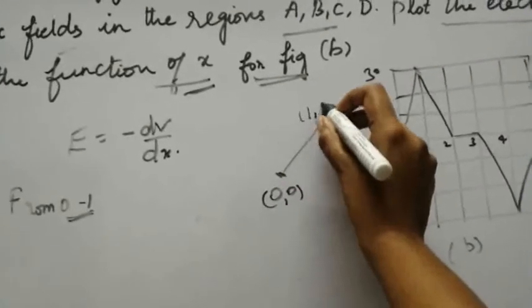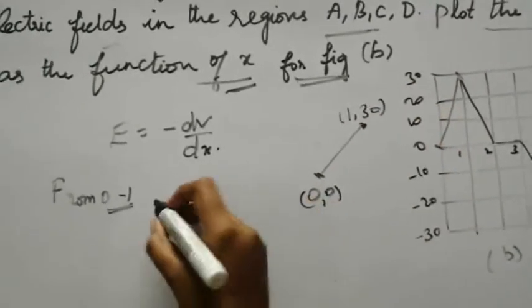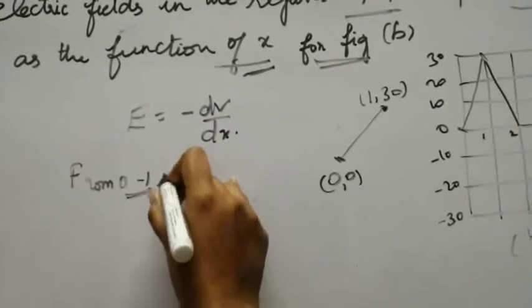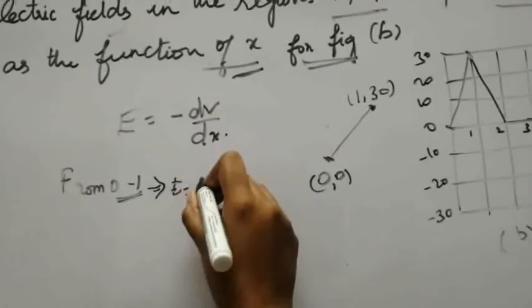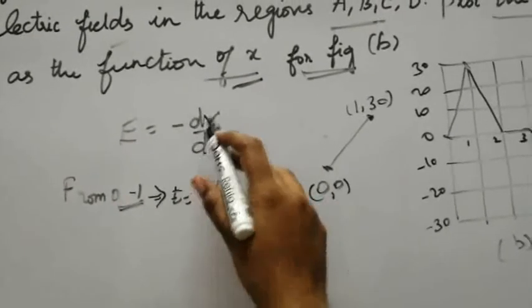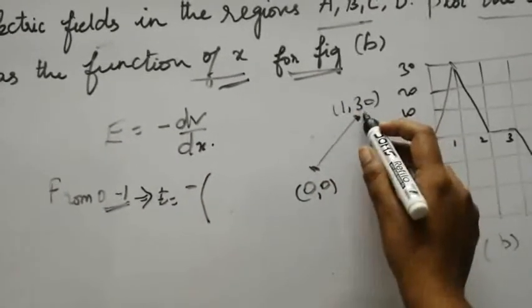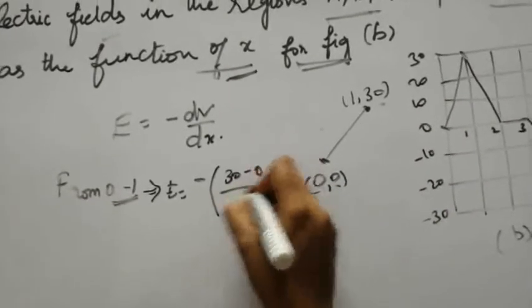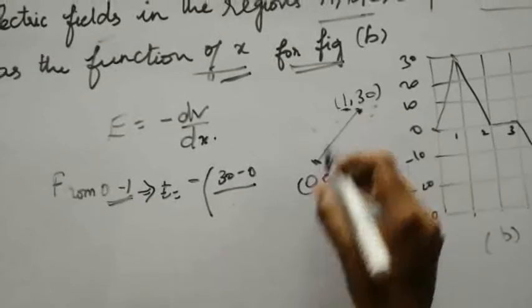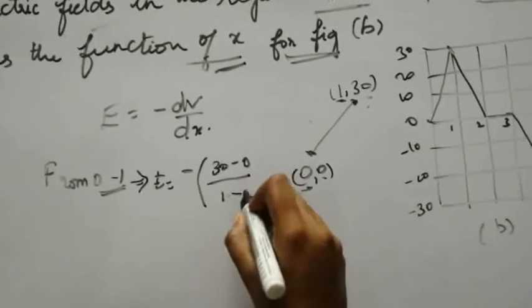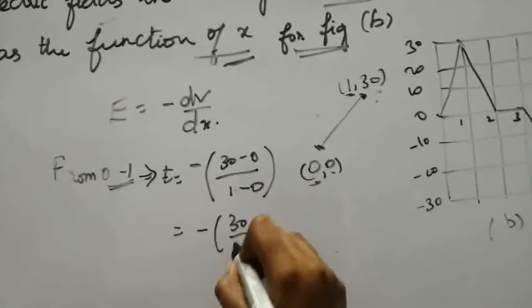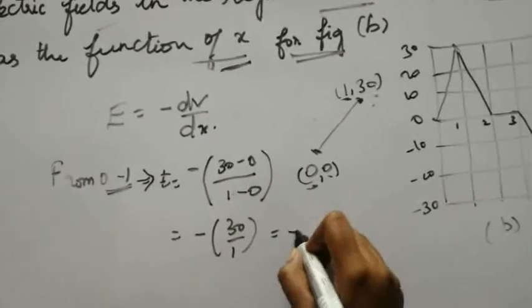So it is 1, 30. E is minus of change in y, 30 minus 0, divided by change in x, 1 minus 0. So it is minus 30 by 1, which is minus 30.